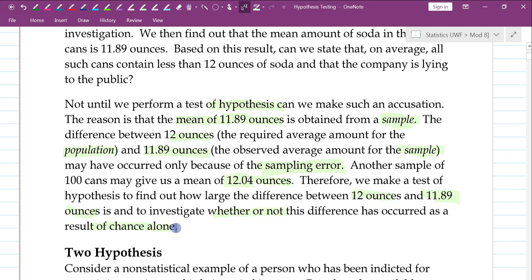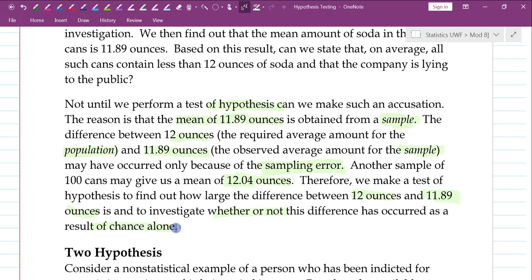Essentially, what we want to determine is, did the 100 cans that were randomly selected show a true problem that exists, that there's not 12 ounces of cola on average in those cans that are marked 12 ounces of cola?